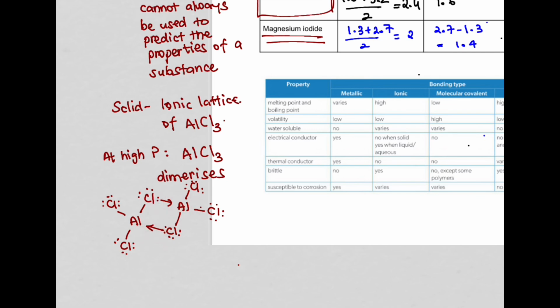So this is Al2Cl6, and it forms this type of dimer when aluminum chloride melts, and the melting point occurs at 190 degrees Celsius, which is extremely low for an ionic compound.